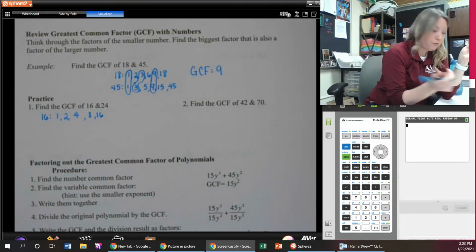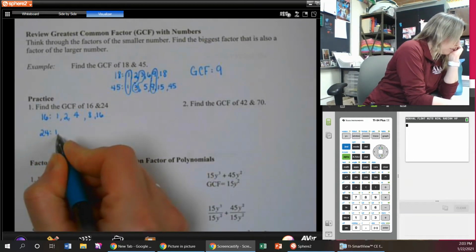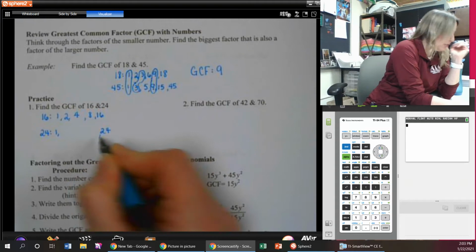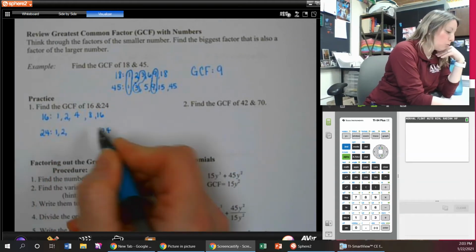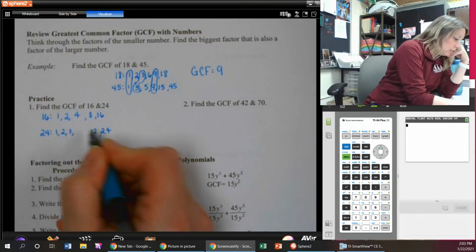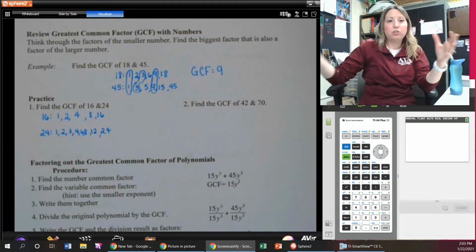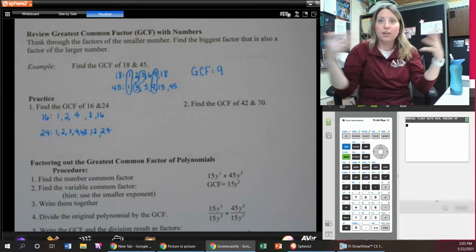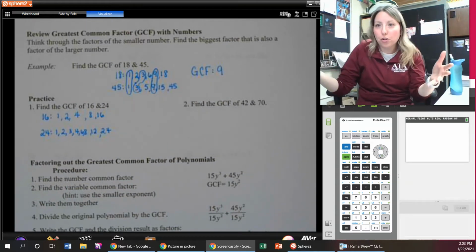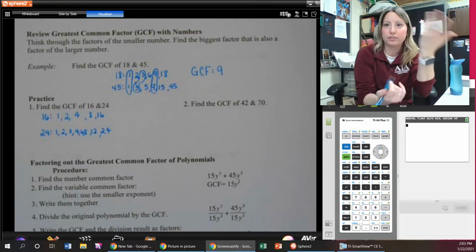Now let's factor 24. So 24's factors: 1 and itself. 24 has a lot of factors. 2 and 12, because it's even. 3 and 8. Then 4 and 6. And notice as I was doing that, I came in together, and now I've got the full thing filled, because it's not divisible by 7.